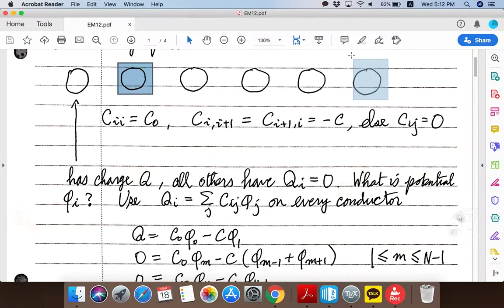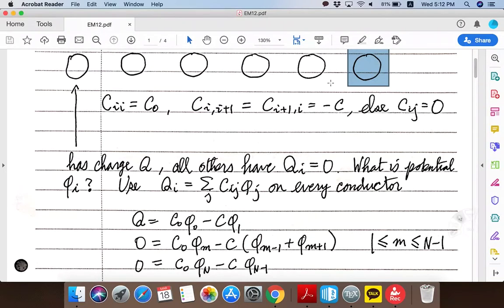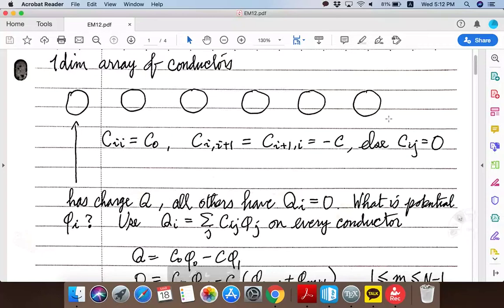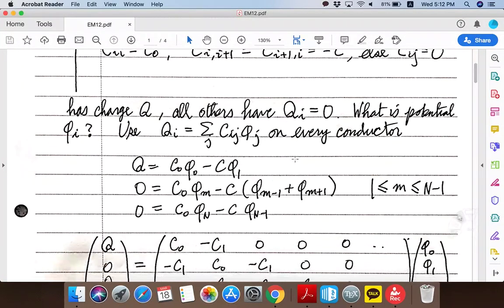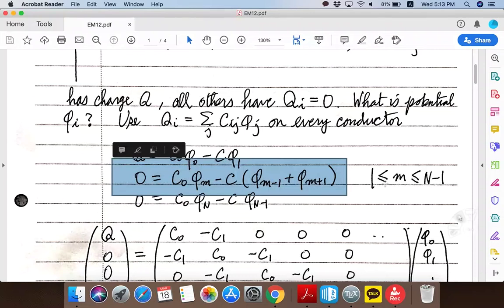And for the conductor at the far right, because there's only one neighbor to its left, the equation will be like this. However, since by assumption there's no charge sitting on this conductor, the left-hand side would have to be zero. And for all the other conductors sitting in the middle, so now this index m will range between 1 and n minus 1.